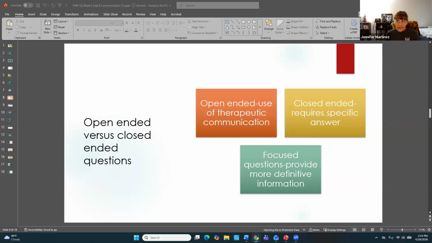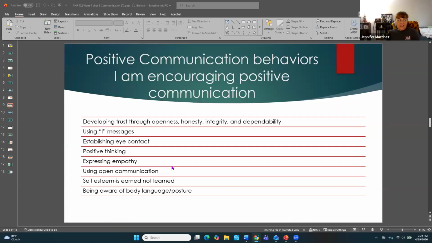Show me where the pain is. Whereas focused questions are going to provide even more definitive information. So this could be on a scale of 0 to 10, with 0 being no pain and 10 being the worst pain, right? Where are you? Okay, so how would you rate your pain? So different types of questions are going to elicit different types of information from our patients.